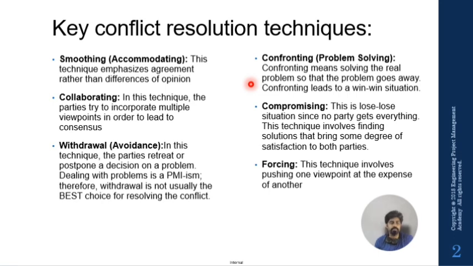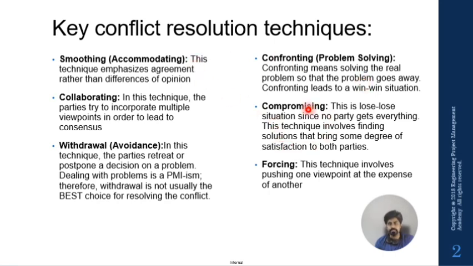But once again, in these three techniques, smoothing, collaborating, and confronting, especially in confronting, you try to be win-win so that everybody's happy. With smoothing, it could be that some party or both parties are at a loss because it's an intermediate solution. Neither party A nor party B is happy, but in confronting, you're trying to make everybody happy.